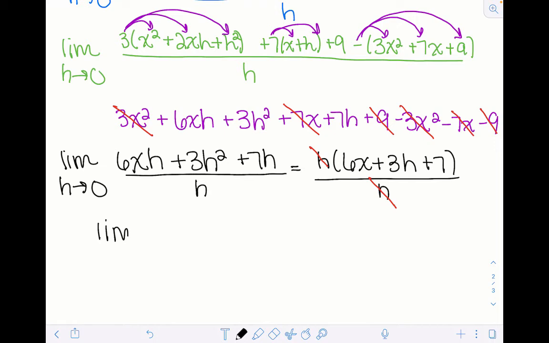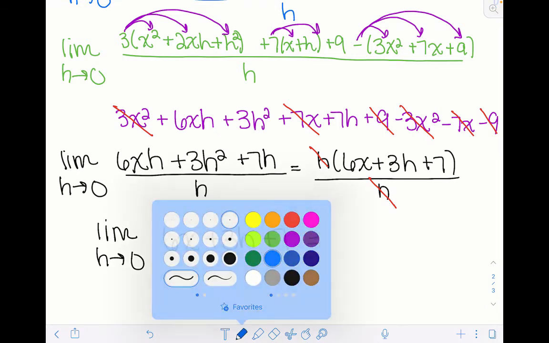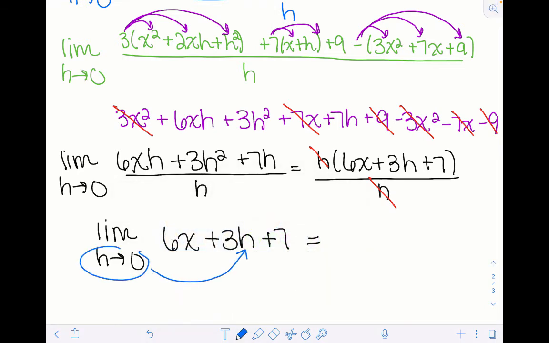So I've got now the limit as h goes to 0 of 6x plus 3h plus 7. So now I can go ahead and plug in h is equal to 0. So it's 6x plus 3 times 0 plus 7, which is equal to 6x plus 7.